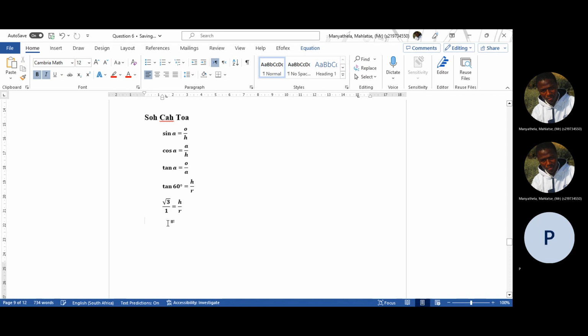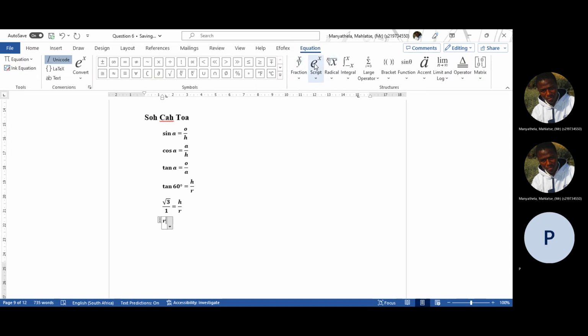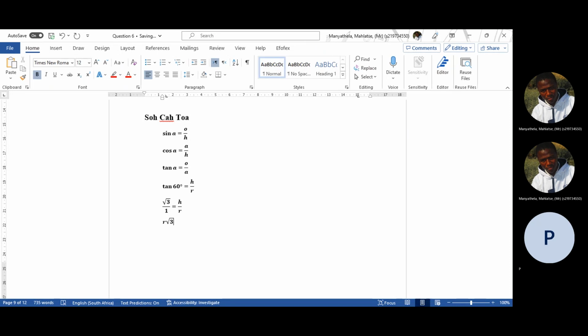So again, cross multiplication. R multiplies root 3, and then h will multiply 1. But we are looking for r. So in the next step, we will divide both sides by root 3.